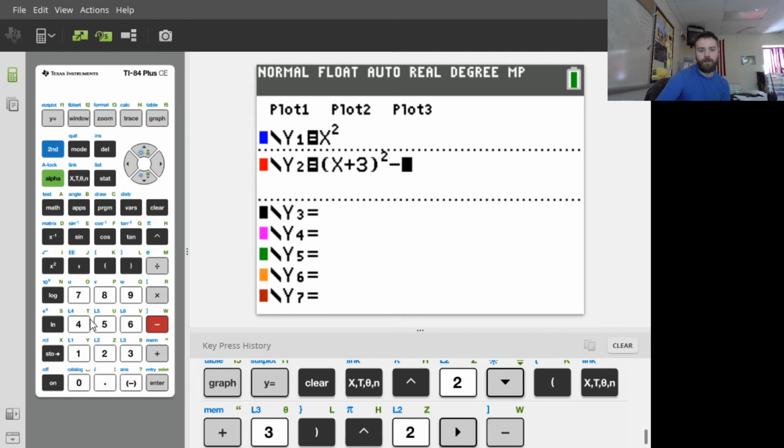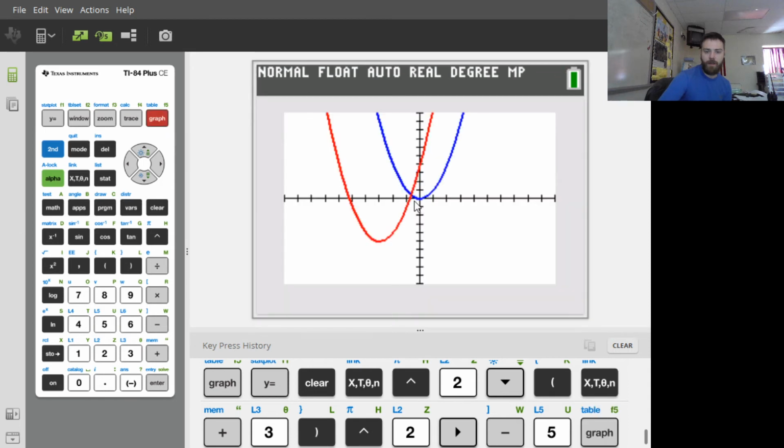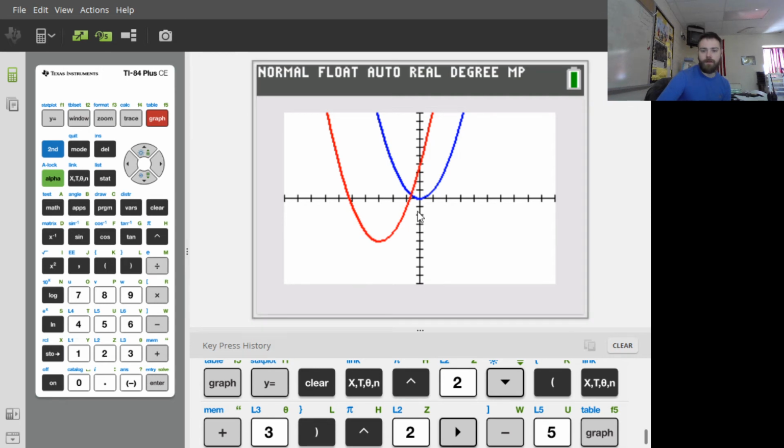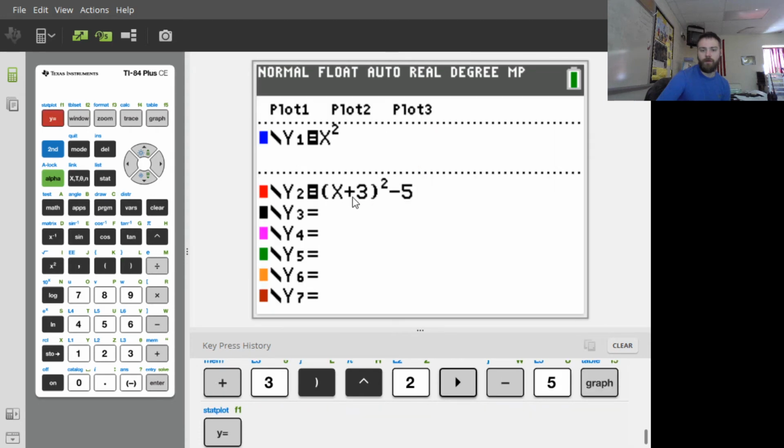What you'll see is that it's kind of hard to see whenever you first start, but it actually shifts left 1, 2, 3, and then down 5. So 1, 2, 3, 4, 5. I know you probably can't see my cursor, but you can use more than one shift at a time. So this is a horizontal shift, left 3 units, and then down 5 units.